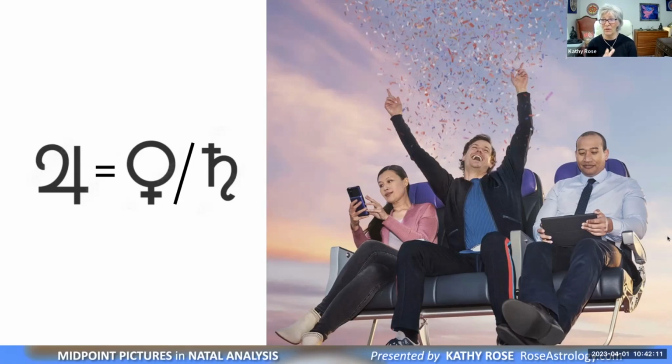The middle seat on an airplane, because you are in the midpoint of two people. Now, I personally do not like the middle seat on an airplane. I have a very strong Neptunian signature in my chart, and I don't like people I don't know having their energy so close and invading my space.